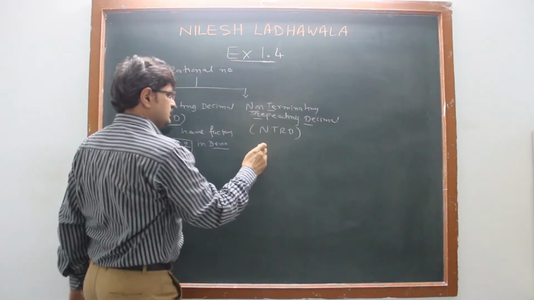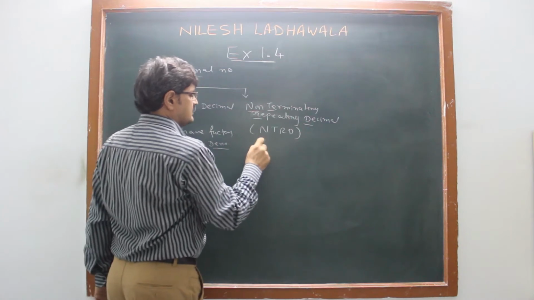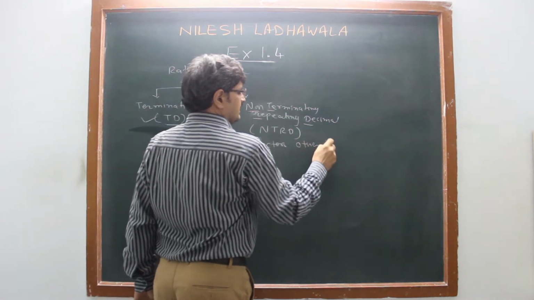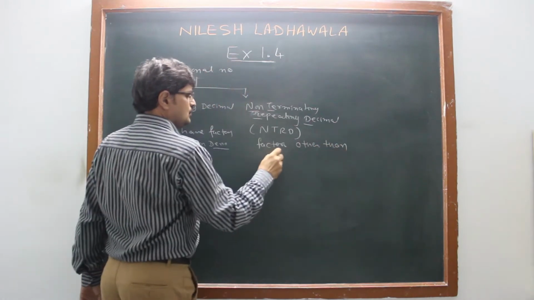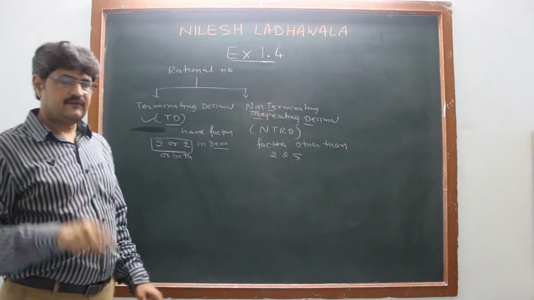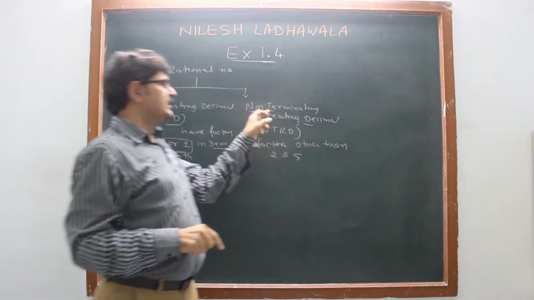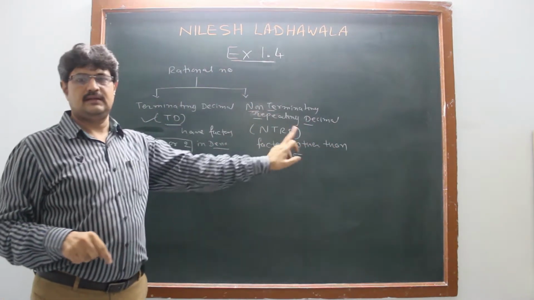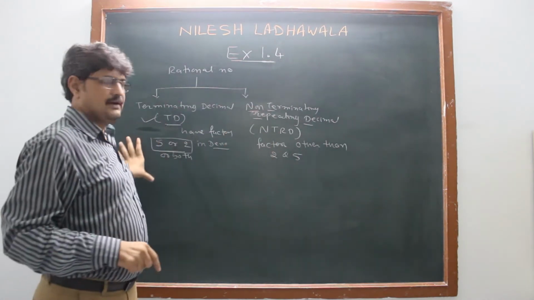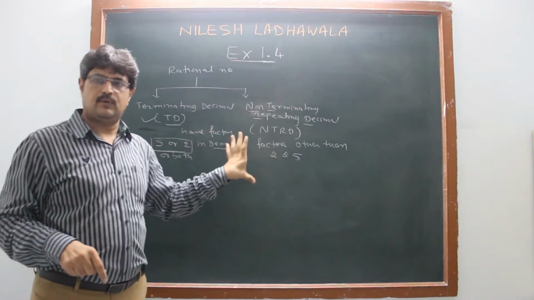And if you find factors other than 2 and 5, you have to write that it is NTRD. So this is the concept on which we have to complete exercise 1.4.